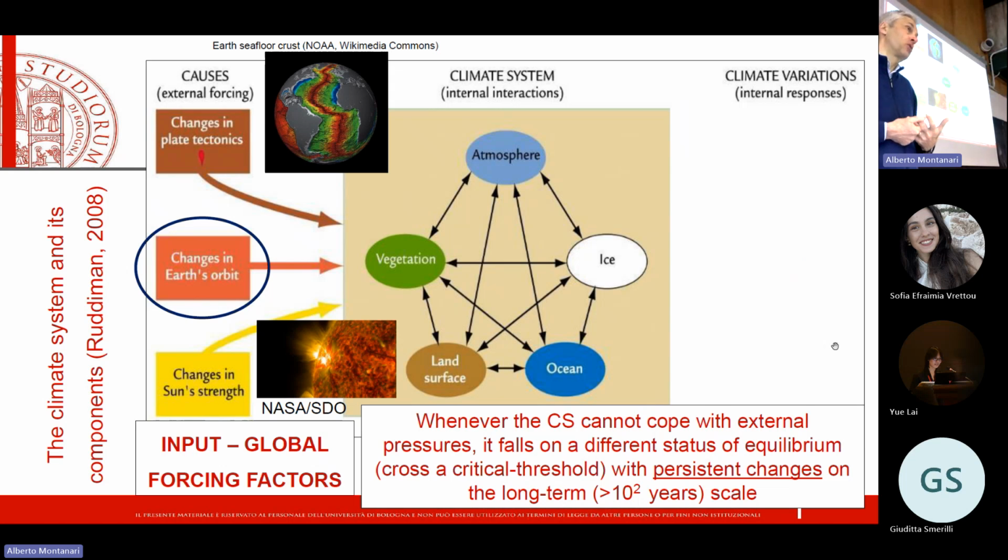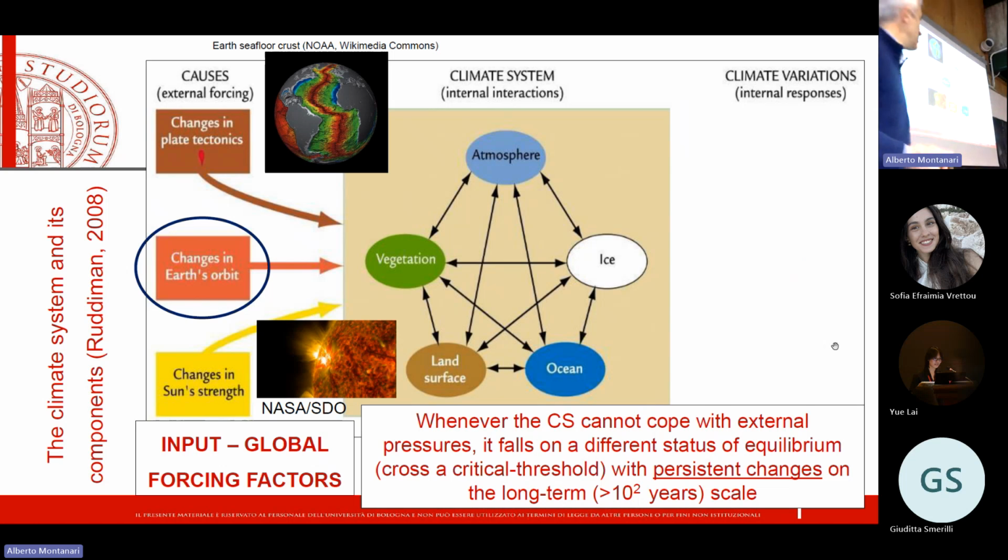So we may get colder winters after global warming if the Gulf Stream slows down. This is why sometimes we hear people saying the very cold storm has been an effect of global warming. Because indeed, if it is true that global warming is causing a slower pace of the Gulf Stream, global warming can be the reason for cold winters in the north. And of course, the ocean circulation is influenced by plate tectonics, the position of continents.